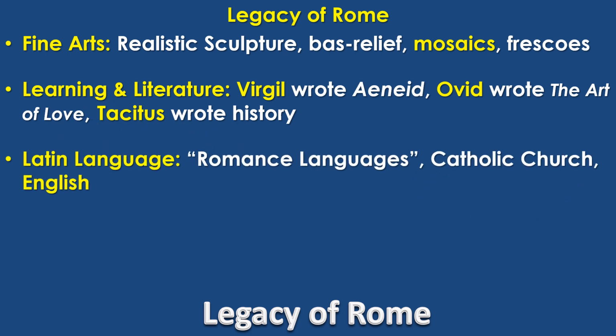The language of Rome is Latin, and the Latin language is obviously going to be spread with the Romans as they expand. And so we talk about many modern-day languages having their basis in Latin, and those are the Romance languages from the Romans. So Portuguese, Spanish, Italian, French, and Romanian are all just some examples of languages that have their basis in Latin.